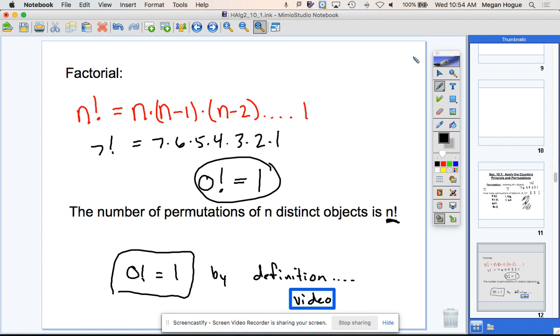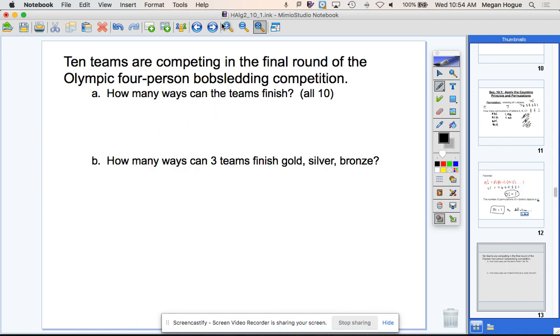All right, so let's try some examples. 10 teams are competing in the final round of the Olympic 4-person bobsledding competition. In how many different ways can the bobsledding teams finish the competition? Well, you're looking for all 10 teams to finish. So what do you need to do? 10 factorial.